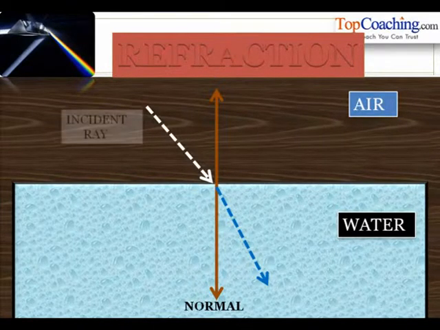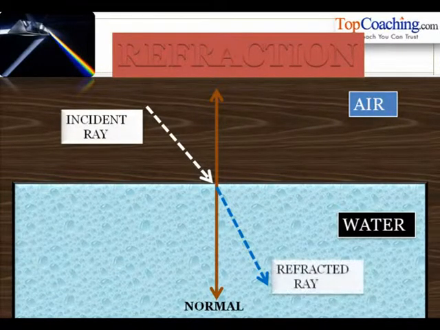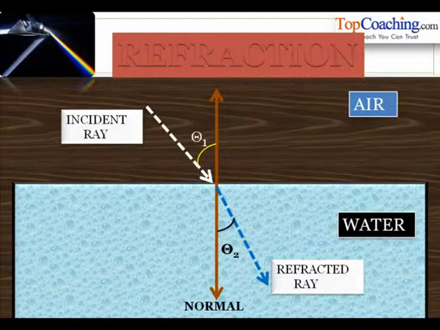This light is known as the incident ray and this is known as the refracted ray. This is the angle of incidence and this is the angle of refraction. So again, what are we doing? We are using the concept of lines and angles. So studying refraction again involves the application of lines and angles.